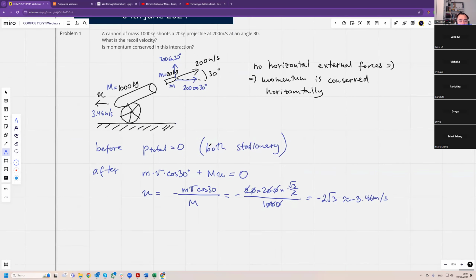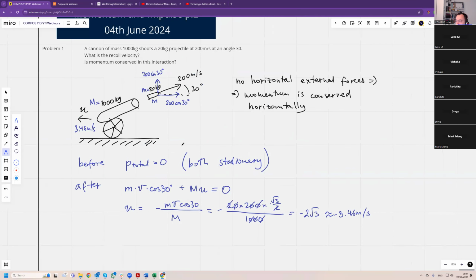Now, is momentum conserved in this interaction? Why would I ask that? I mean, I just used conservation of momentum. Can somebody clarify? Is momentum conserved? Or let's ignore the exhaust gases.